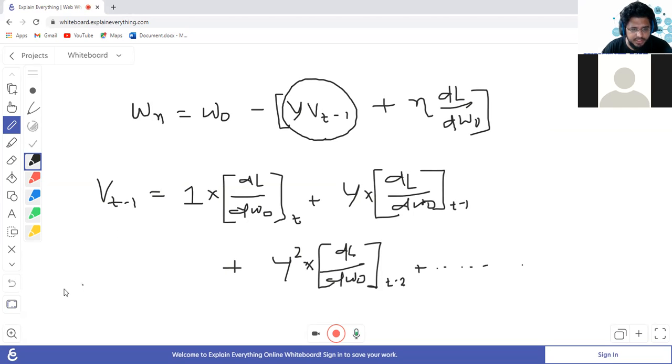Earlier W0 was here, then W1 was here, then W2 was here, then W3 was here, like this. With the introduction of this factor, the minus or plus is going to be a little less because of the exponentially moving average.